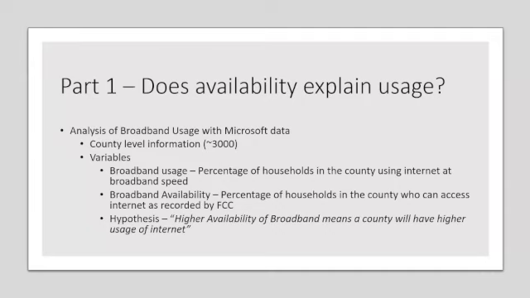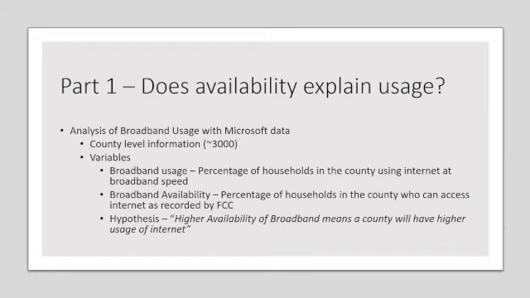So the first part of this project is to explore if usage is dependent on availability. Plainly, if an area has higher availability, does that mean the households in that area would be using internet at broadband speeds? It might seem intuitive, but it's possible that some customers just don't adopt it.